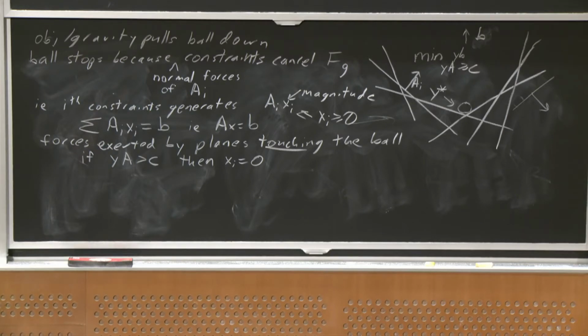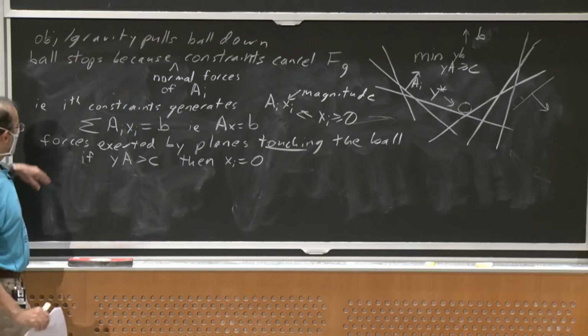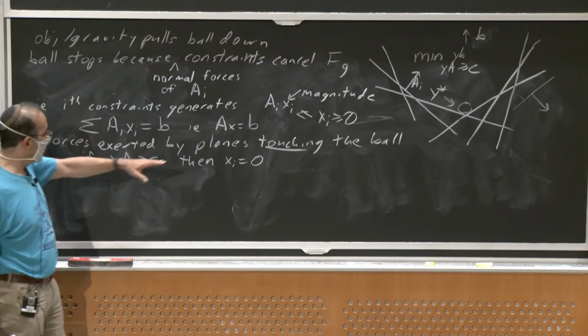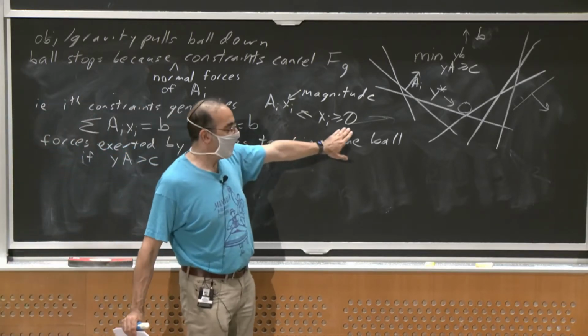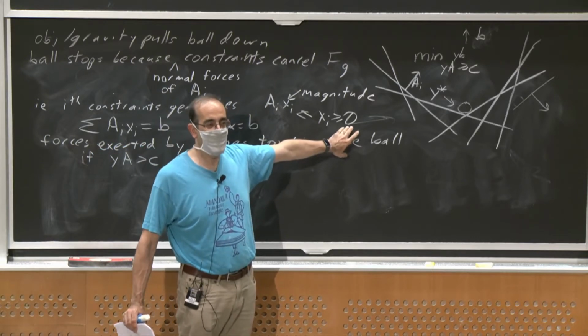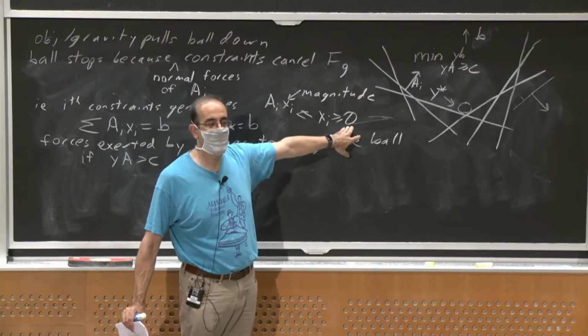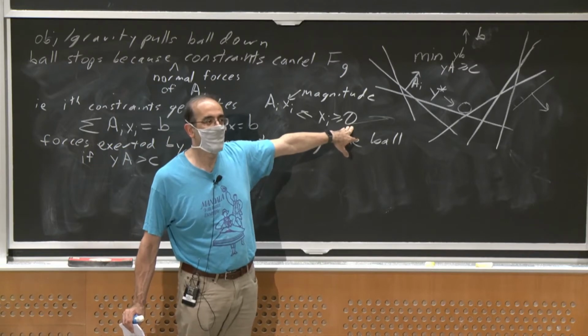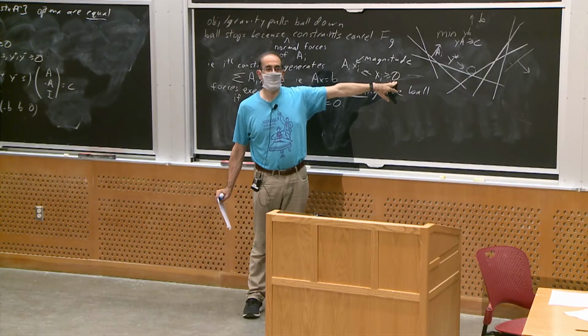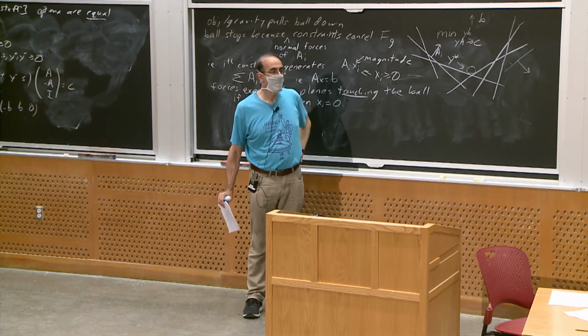Okay? So let's look at what we have here. We have Ax equals b, and x_i is greater than or equal to 0. You put those together, what does that tell you about these x's? A feasible solution to the primal.